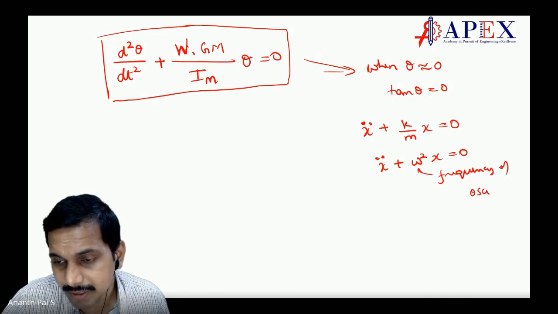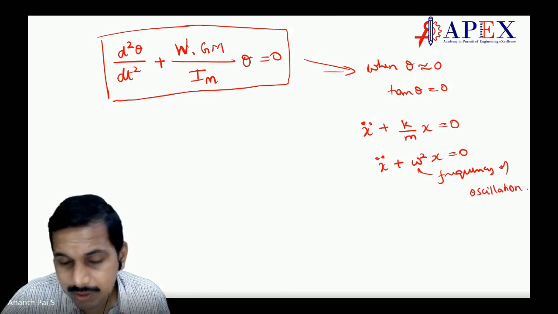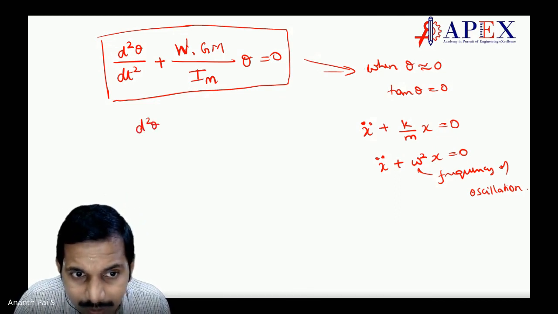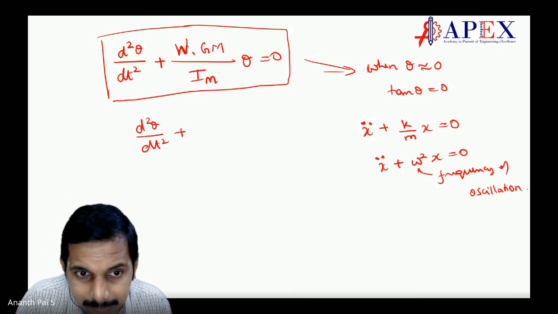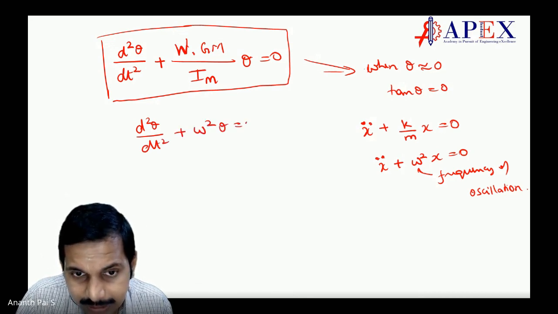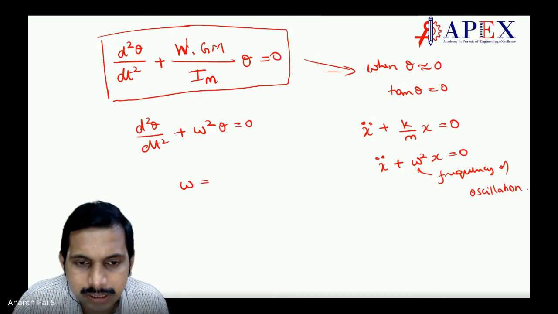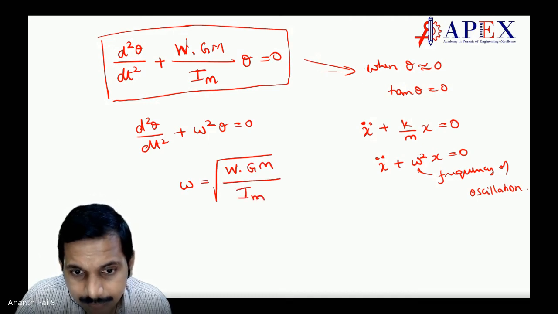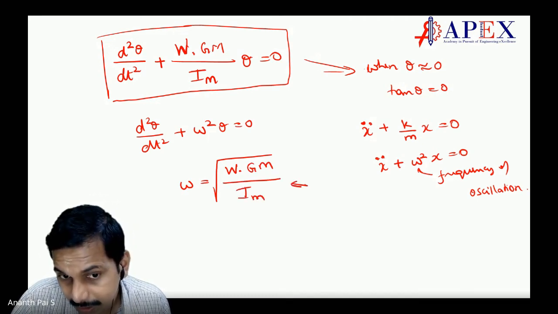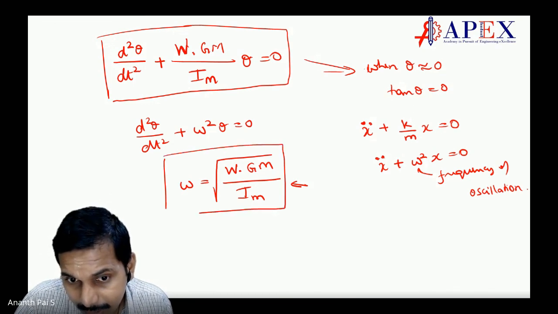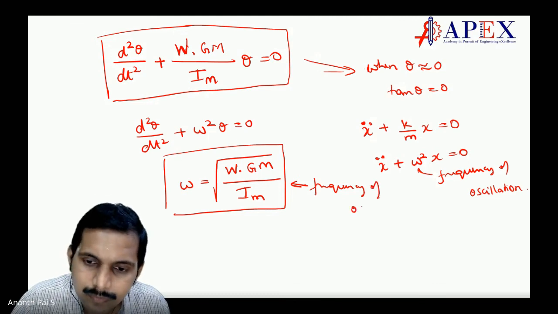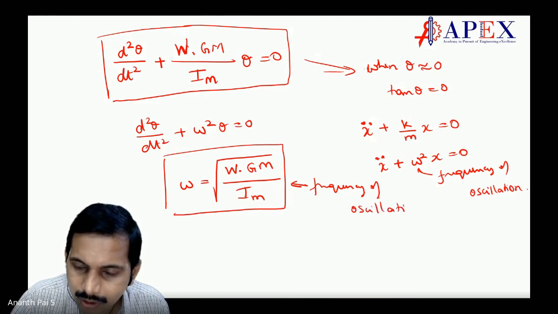Here also, this can be written as d square theta by dt square plus omega square theta is equal to 0, where omega is equal to square root of W into GM divided by IM, which is the frequency of oscillation.